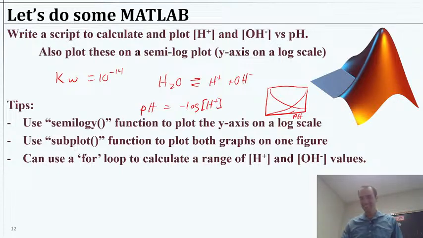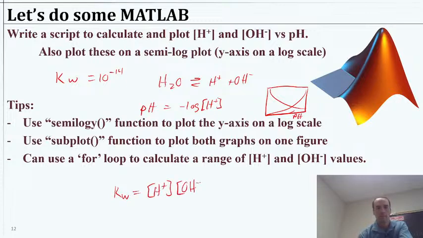Good. That's no problem. One other thing I'm going to write up here real quick is that we probably also want to have a substitution, so we know that KW equals H plus times OH minus. So we'll use this at some point.